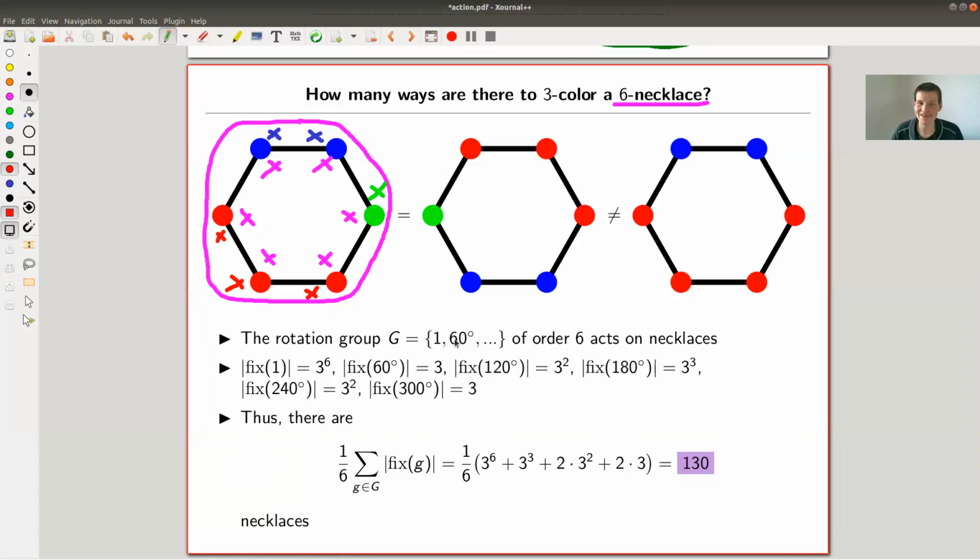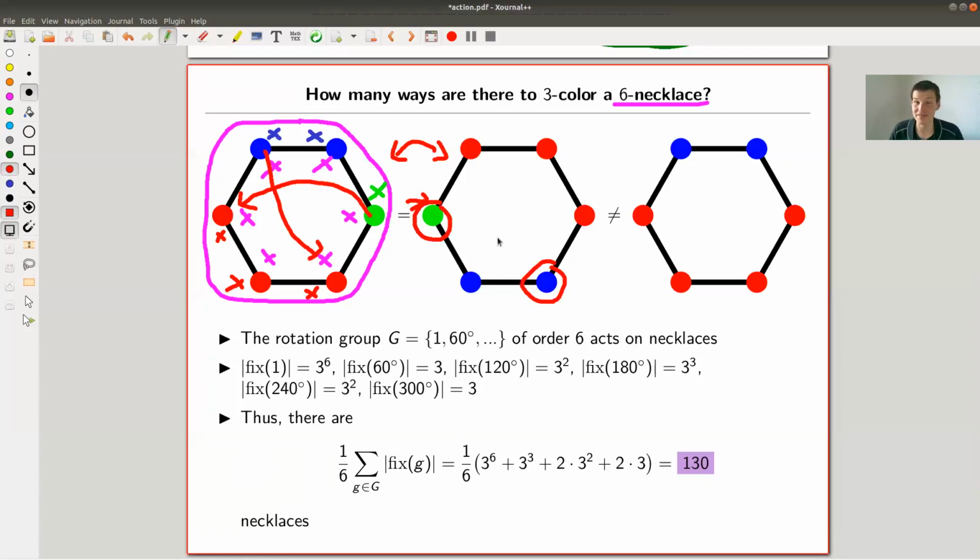But because it's a necklace, 2 necklaces are the same if you can rotate one into the other. So this is a rotation: I take this point and pull it to here, and I get this picture.